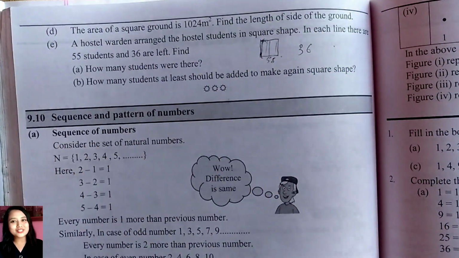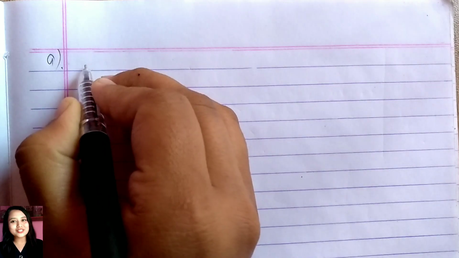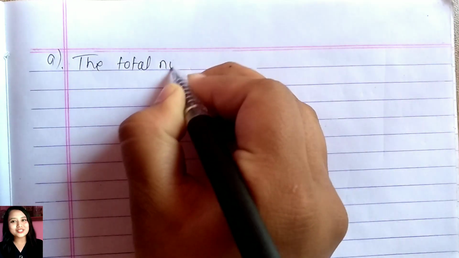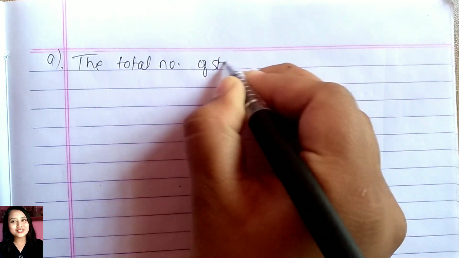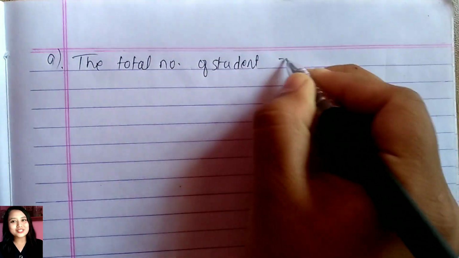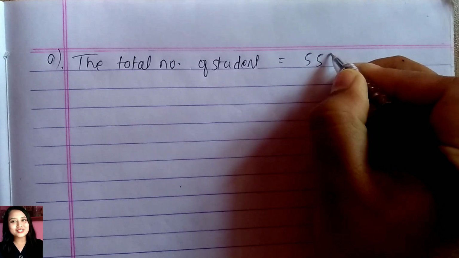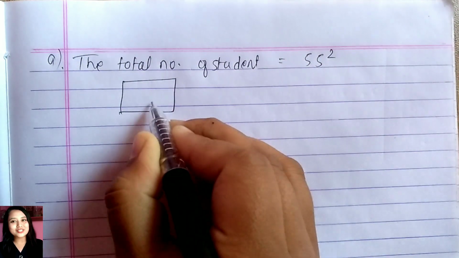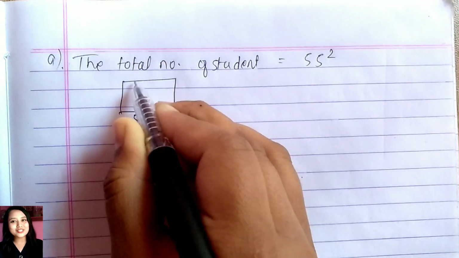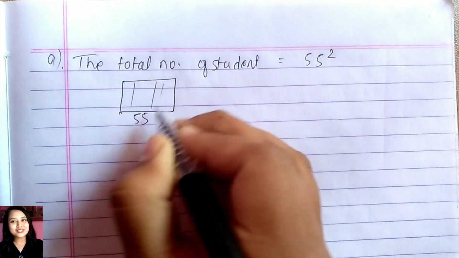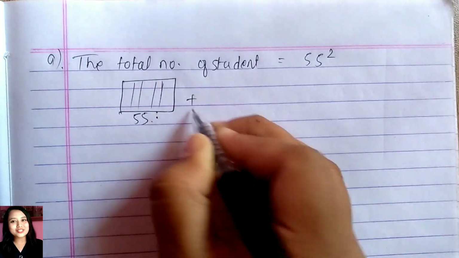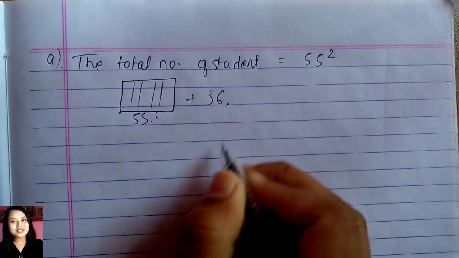So what can we do now here? The question is asking how many students there were. The total number of students equals 55 square, because this 55 made the perfect square. In each line the students were 55, so it made the perfect square, and another remaining was 36 because they were left behind.